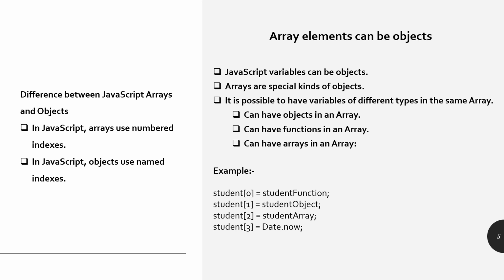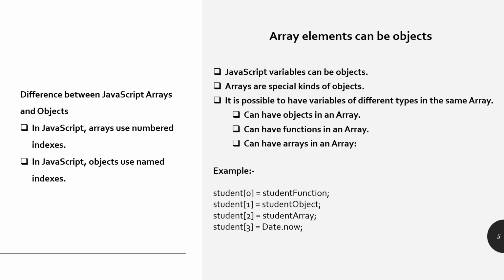You can have objects in an array, you can have functions in an array, you can have arrays in an array. All these things are possible. For example, assume that this is one function, so it is possible to assign it like this.